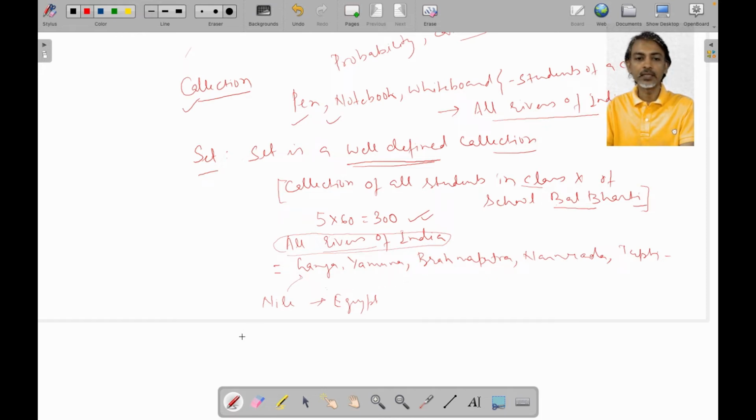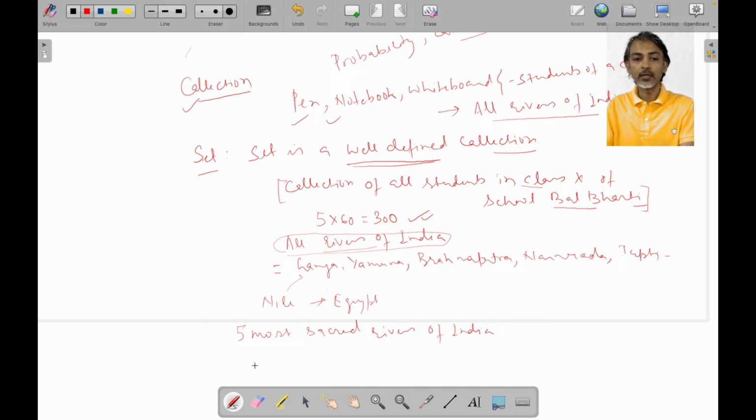But say I change this example a little and say the 5 most sacred rivers of India. Now I am talking about the most sacred rivers of India.